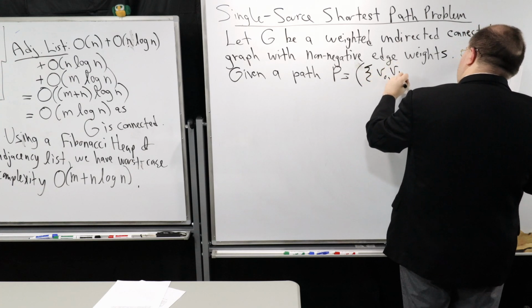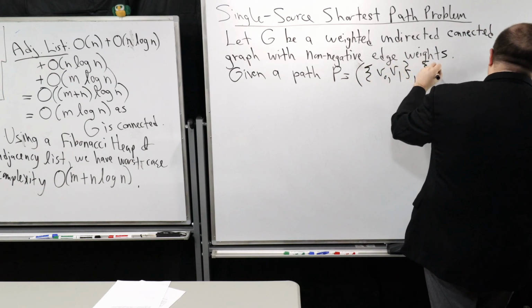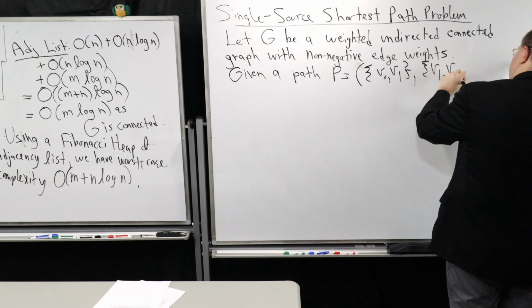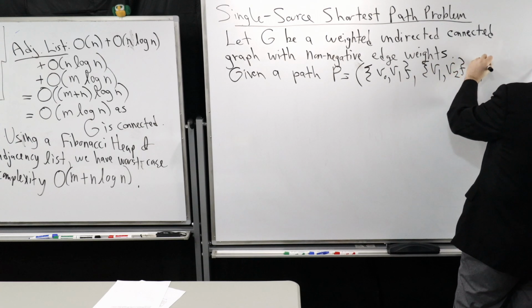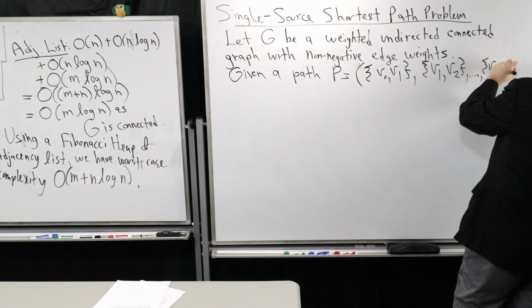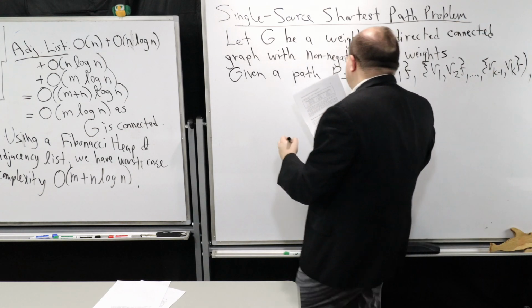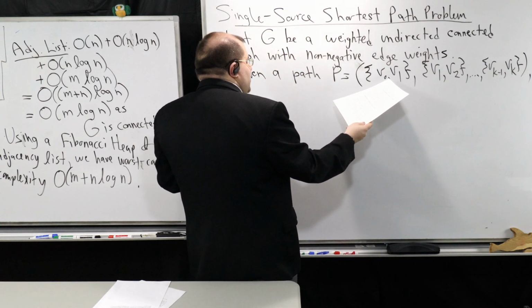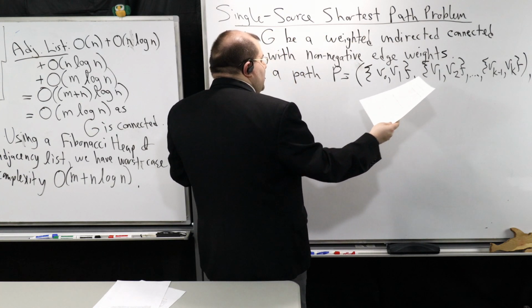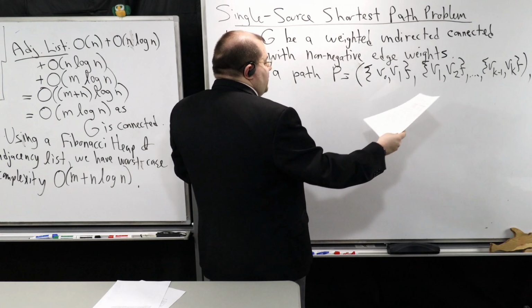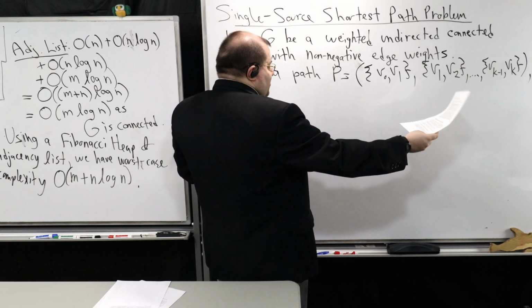So V0, V1, comma, V1, V2, all the way up to Vk minus 1, Vk. So this is what my path looks like. It's going to go V0 to V1, then V1 to V2, then V2 to V3, then V3 to V4, and so on.